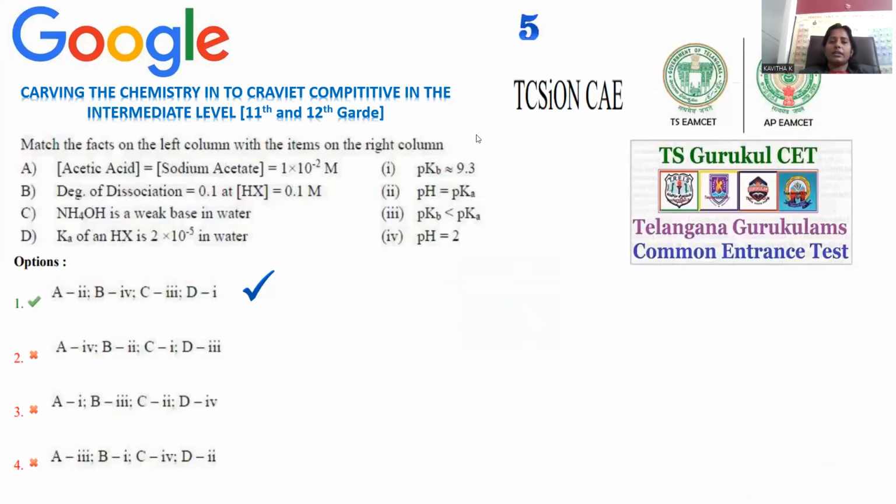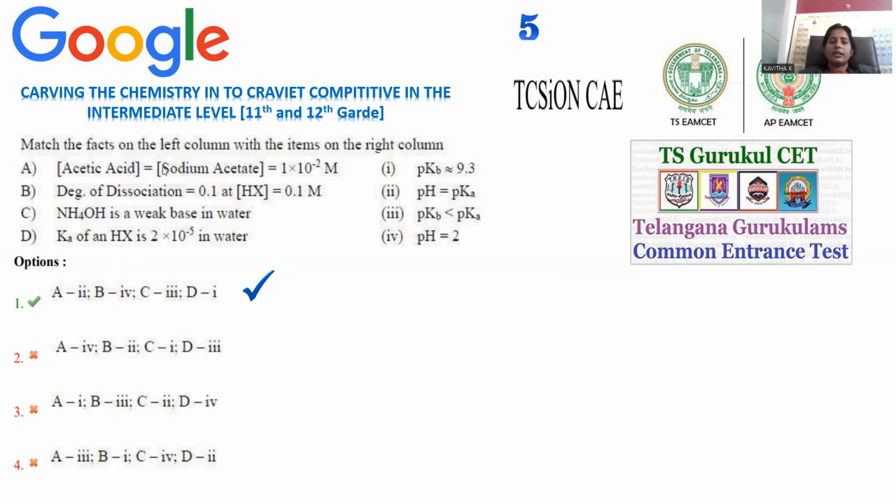Question number 5 is again collected from the Telangana Degree College Lecturer Gurukulam Entrance Examination. In that, a match the following question was given. Here it is part of a chemical equilibrium question. Acetic acid is said to be a weak acid, and the square bracket indicates concentration. It is given as equal to sodium acetate, the salt of acetic acid only, no?